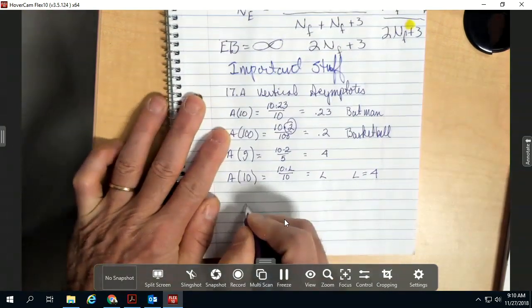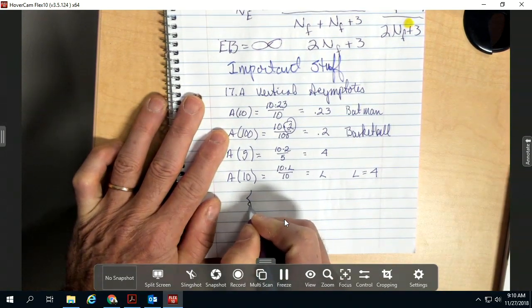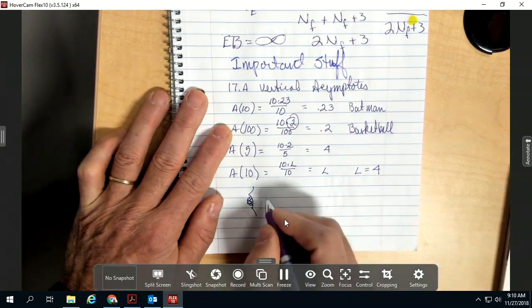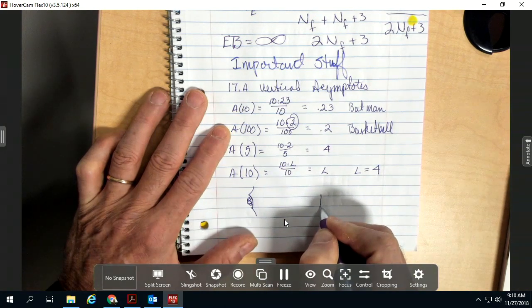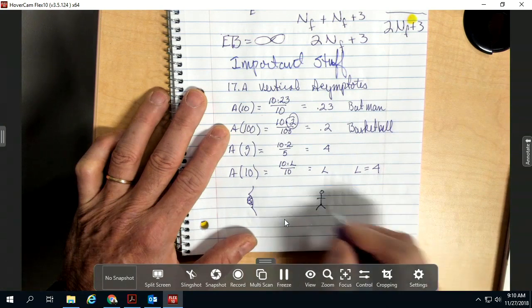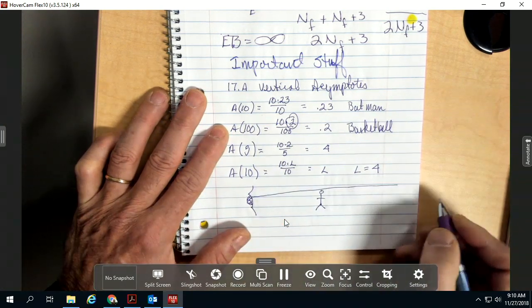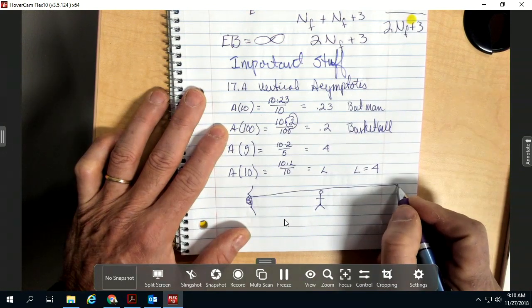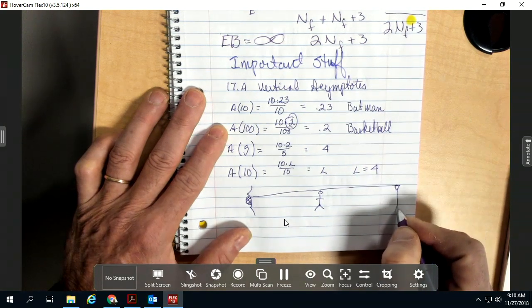Well, think about it this way. Here's your eye, and here's the basketball player at a certain distance away, 5 meters. If you go to 10 meters away, I'll draw a lamppost like the lamp out in front of our house.